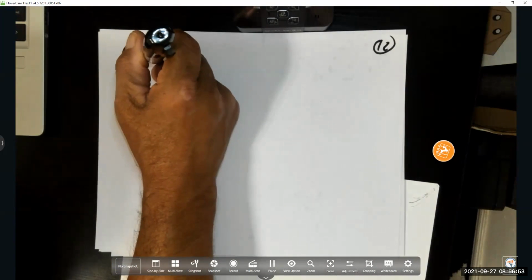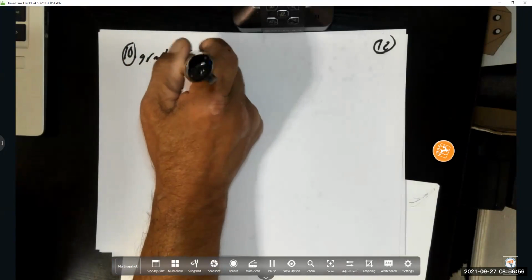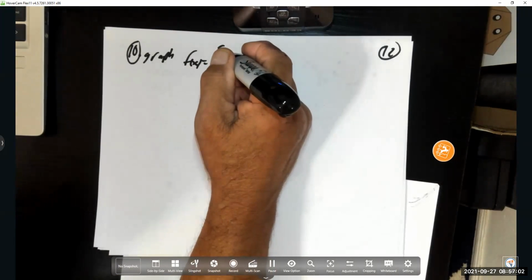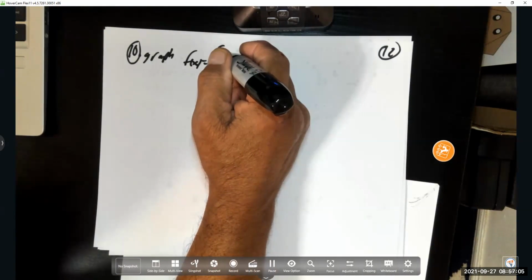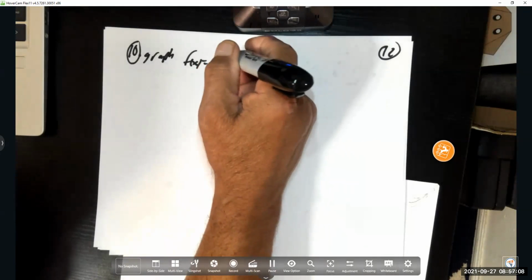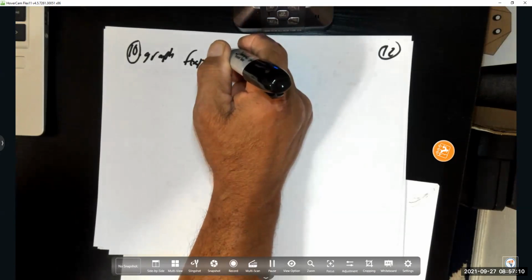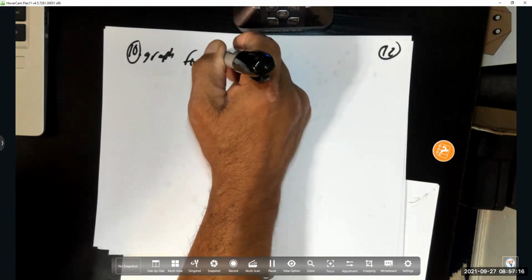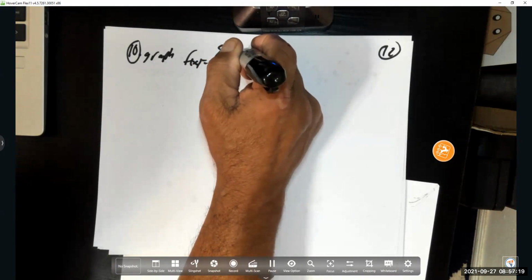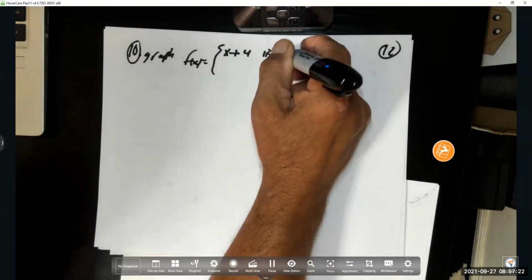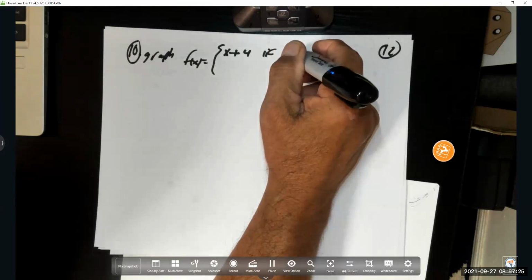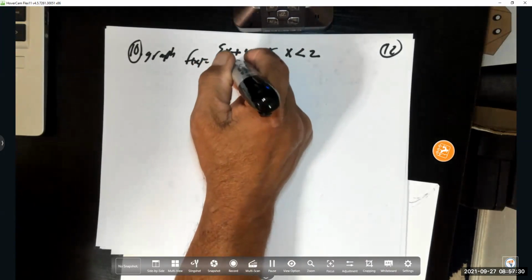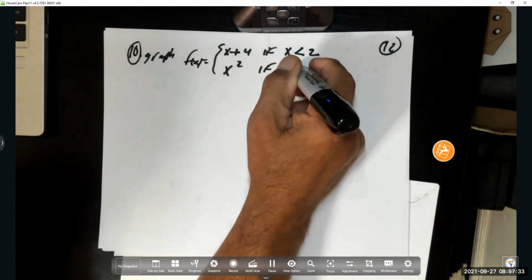It says graph f of x is, let's see, how about if it's x plus 4 if x is less than 2, and x squared if x is bigger than or equal to 2.